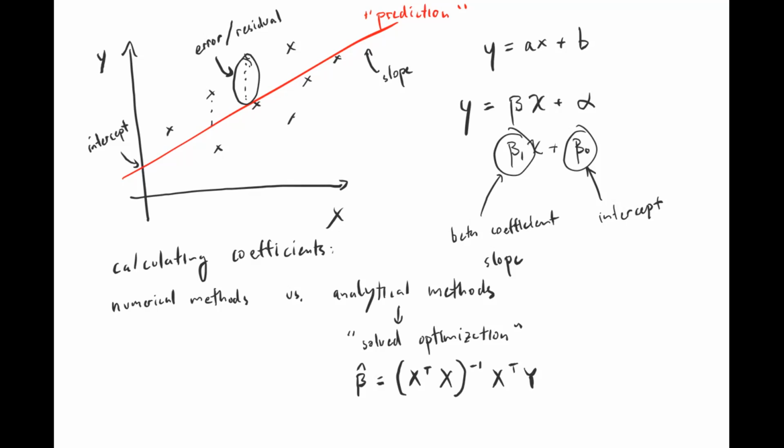And then you multiply it by x transpose times your vector of your y's. Okay, and so when we do our operations in R, this is what is happening behind the scenes. The way this works is they have what's called a sweep operator that does the matrix inversion.